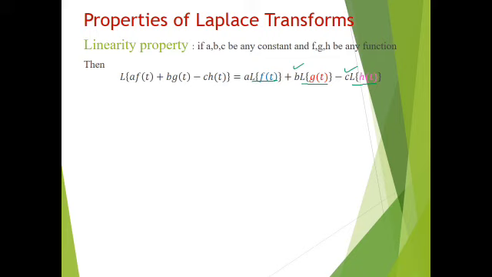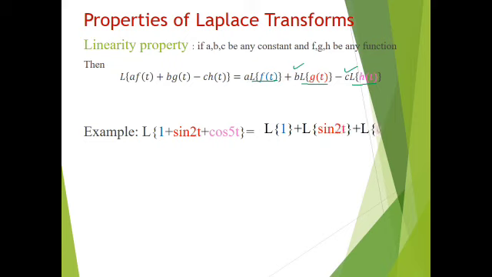For the better understanding of this property, here we are taking one example. Find Laplace transform of 1 plus sin 2t plus cos 5t. According to the linearity property, we separate all these functions like Laplace transform of 1 plus Laplace transform of sin 2t plus Laplace transform of cos 5t.